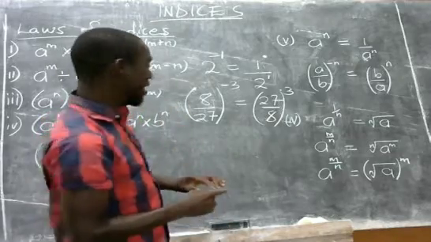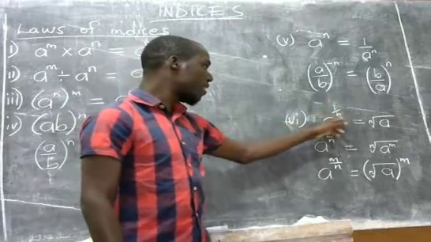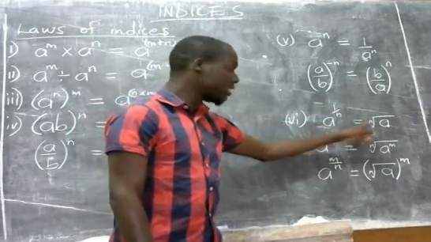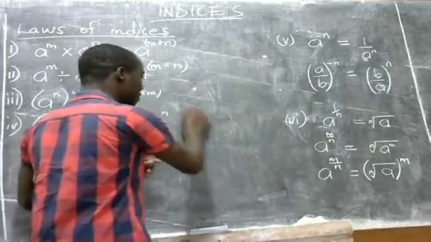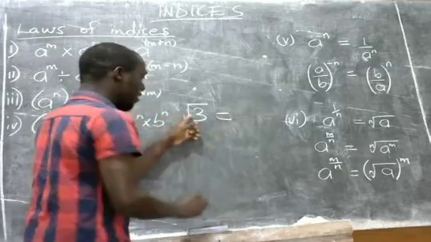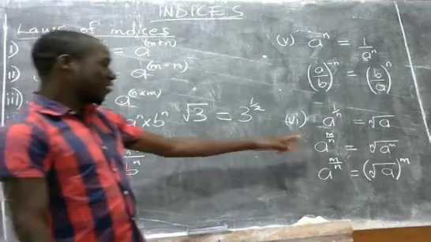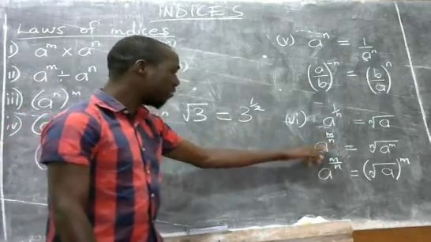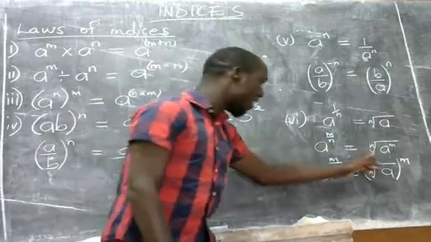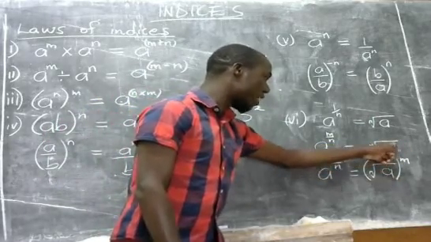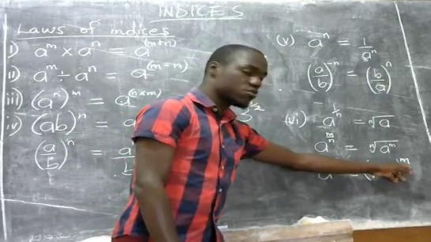Then now, if I have a power 1 all over n, that one is the nth root of that number. For example, the root of 3 in index form is 3 power a half. Now, this one here, if I have a power m all over n, this is the same as the nth root of a power m, or you can first take the nth root, then you raise to the m.